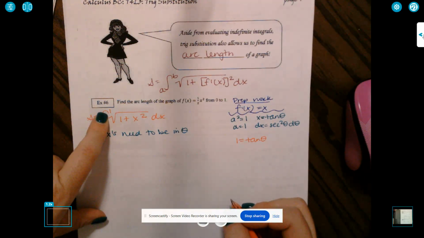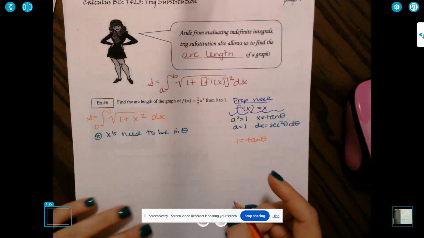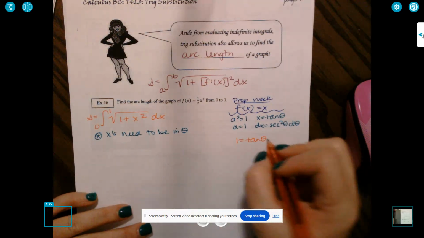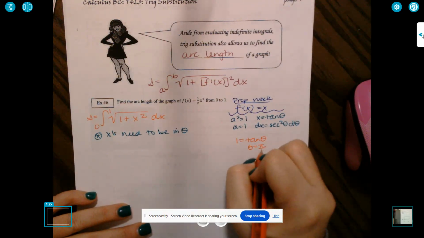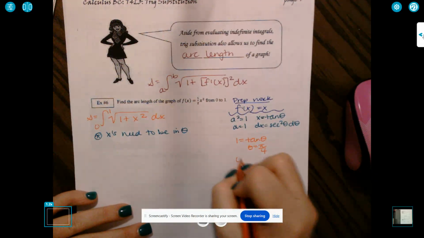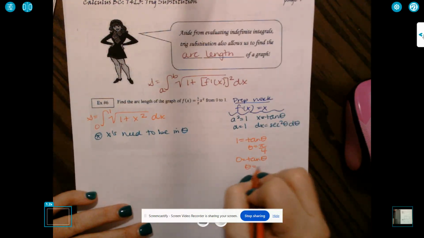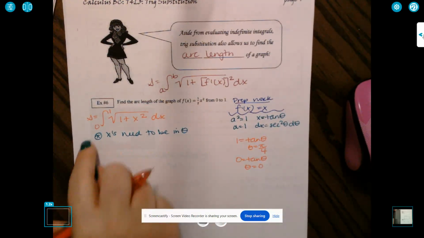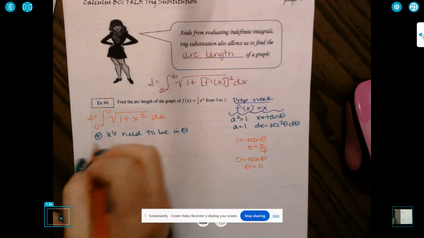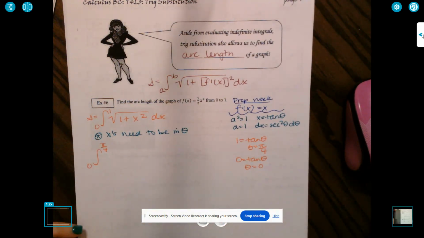And we're looking between pi on 2 and negative pi on 2, so between there. Okay, so that's going to happen at pi on 4. And then where is our tangent going to be 0? It's only going to happen at 0. So now instead of it being from 0 to 1, our integral is going to be from 0 to pi on 4.